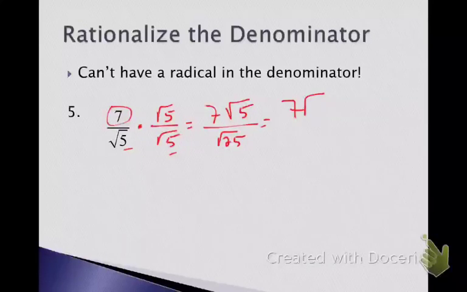So we get 7 square root of 5 over the square root of 25 is 5. And so we're left with this, 7 square root of 5 over 5. And that's perfectly fine because there's no radical in the denominator. There's no perfect square number that will divide into 5. And so we are simplifying.